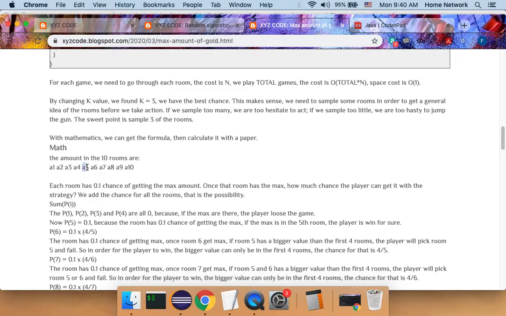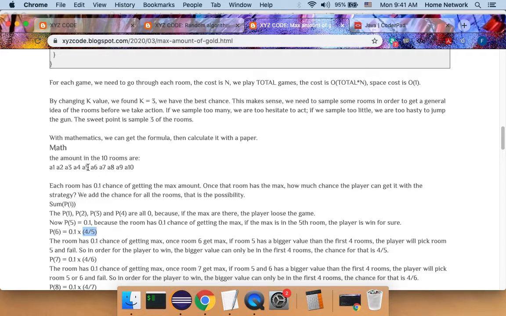If the maximum is put on the 5th room, there is a chance of 0.1, but then the player is guaranteed to pick from this room, and so the total chance is 0.1. How about if the gold is put on the 6th room? The chance is 0.1, and the player picks from that with probability 4 over 5.